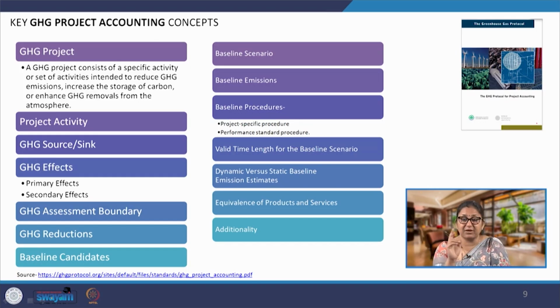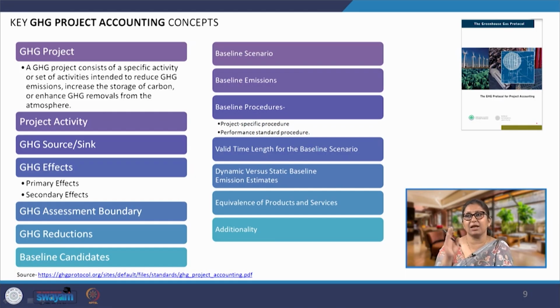Then, once we know what the project is, we identify the relevant activity. Just like I was mentioning about the project, for example, I am a facility owner, maybe a gymkhana owner. For me, the project is reducing the emissions of this gymkhana, and then I could have multiple activities, or I could be undertaking only one activity.